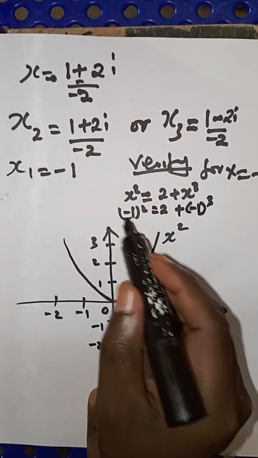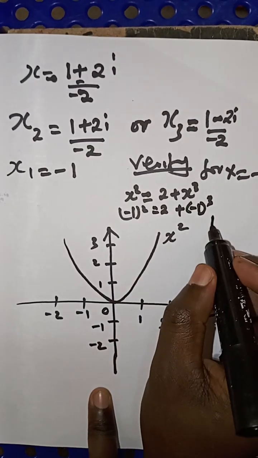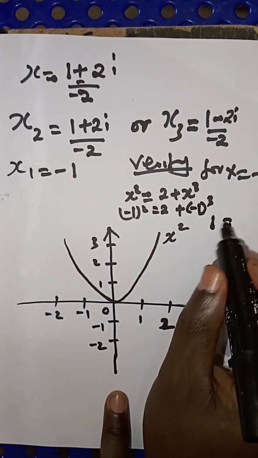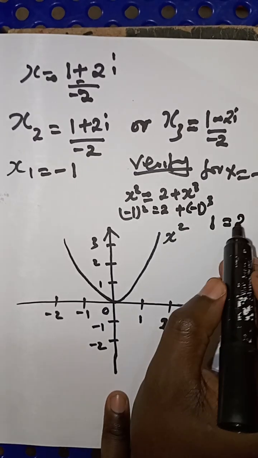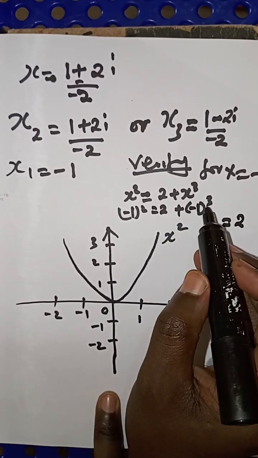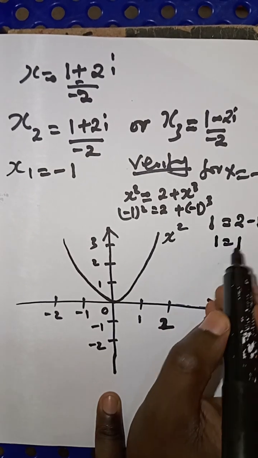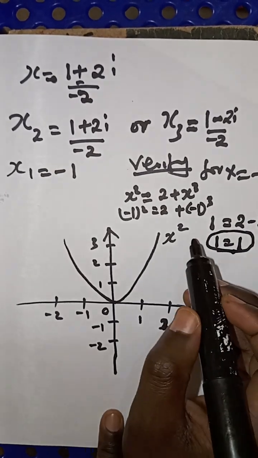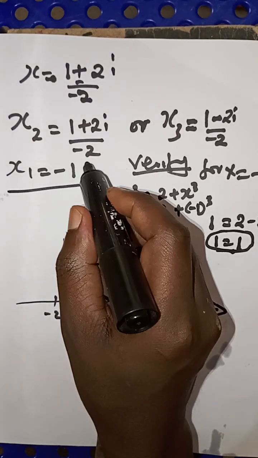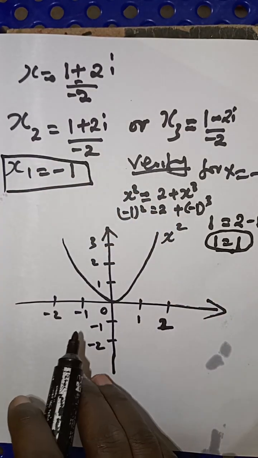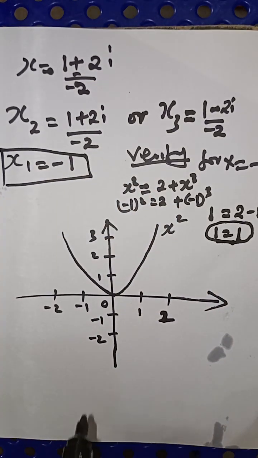When you take negative 1 squared, you get 1, equals, when you take 2, negative 1 cubed is negative 1, 2 minus 1. You realize 1 equals 1. Hence, this proves that x1 satisfies our equation.